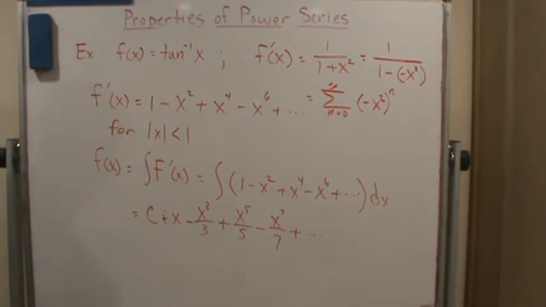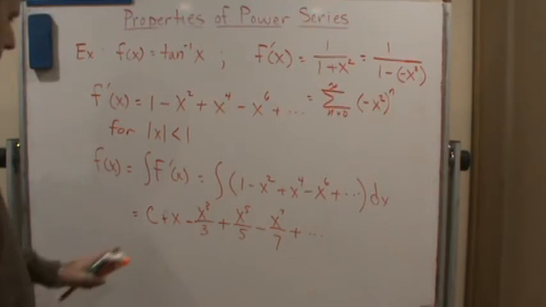Okay, so what does this look like? Well, it's an alternating series again. And we need to figure out c.